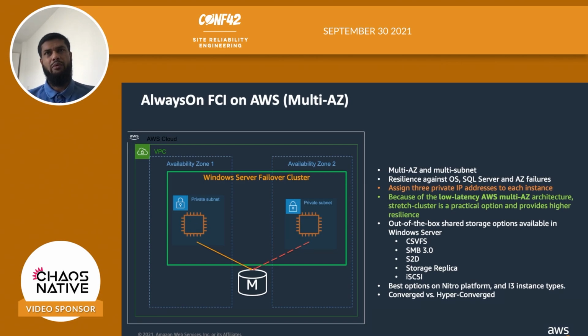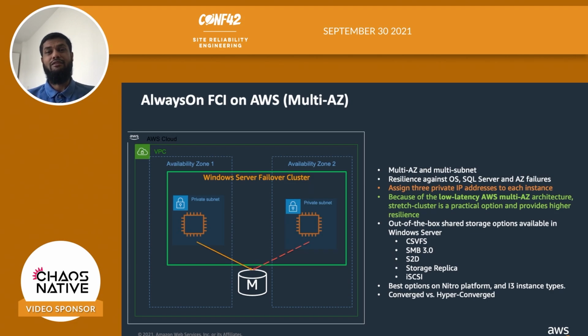Because of the low latency network within the multi-AZ architecture, the stretch cluster is a practical option and provides higher resilience as compared to on-premises. If you're looking at the stretch cluster, there are a lot of network intricacies that need to be handled and looked at before you decide to do one.